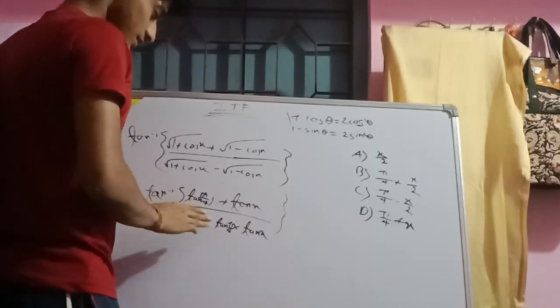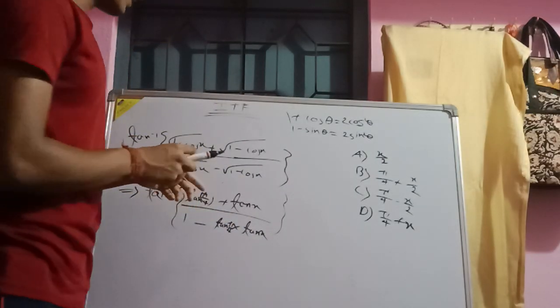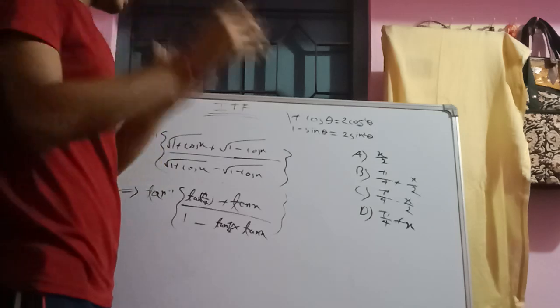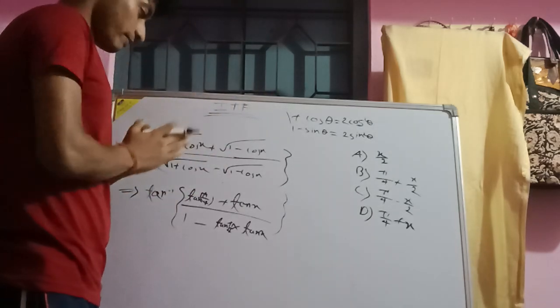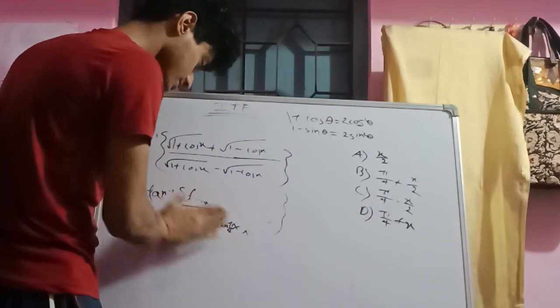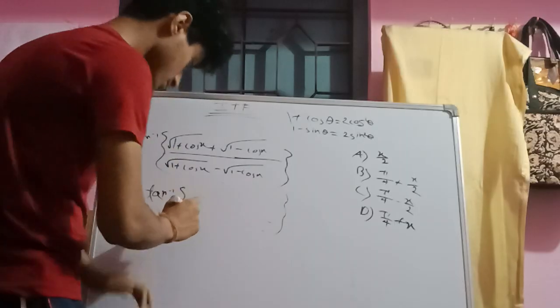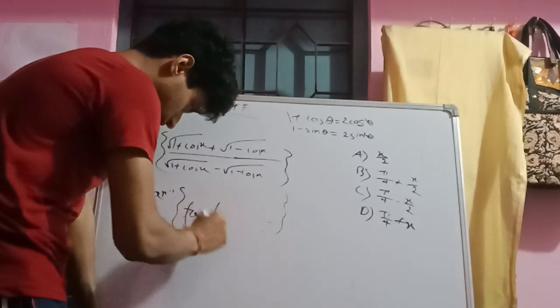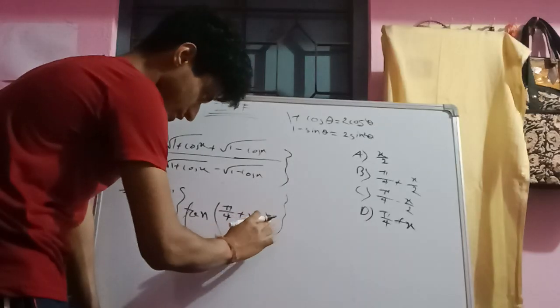Okay, now how does this look like to you? This kind of looks like, I mean, not kind of, it is tan of pi over 4 plus x. So I can rewrite this as tan of pi over 4 plus x.